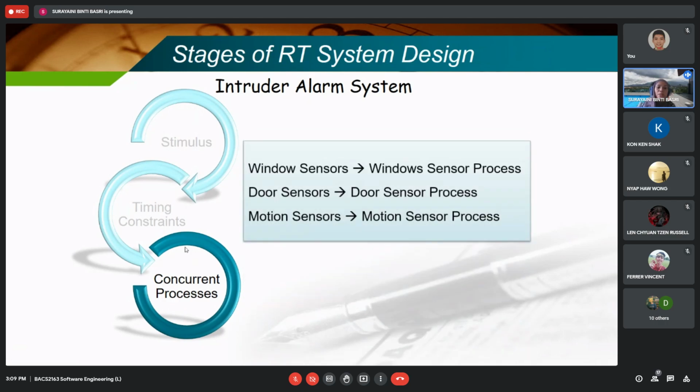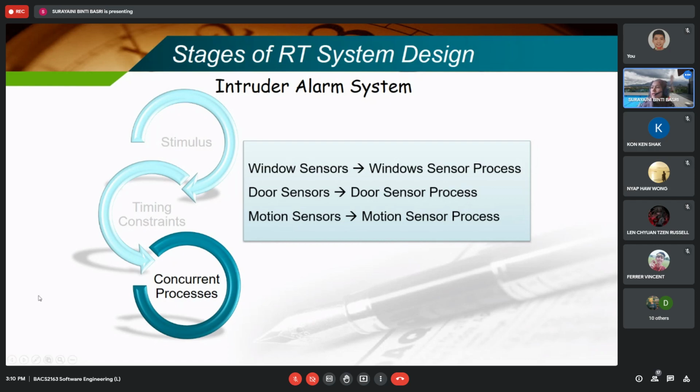For example, the concurrent processes in the intruder alarm system are the window sensor process, door sensor process, and motion sensor process. All of these sensors are needed in order to sense if there is any intruder to your house or to your building.